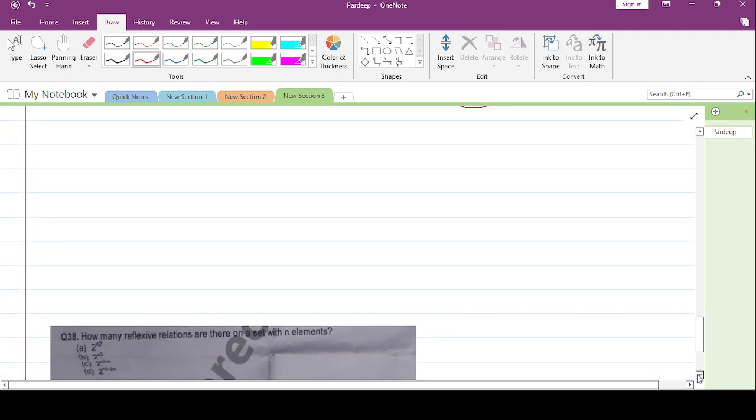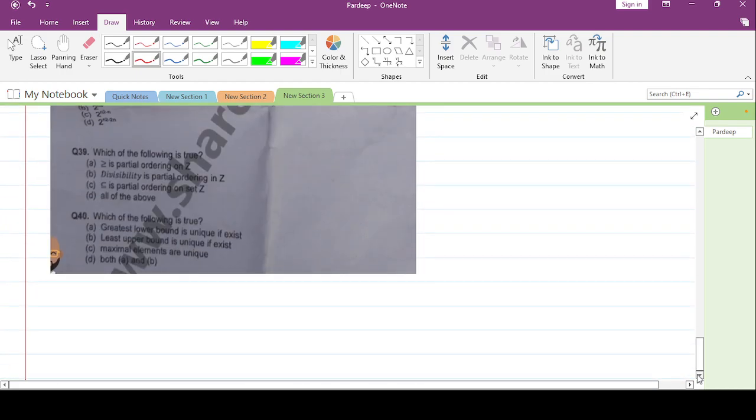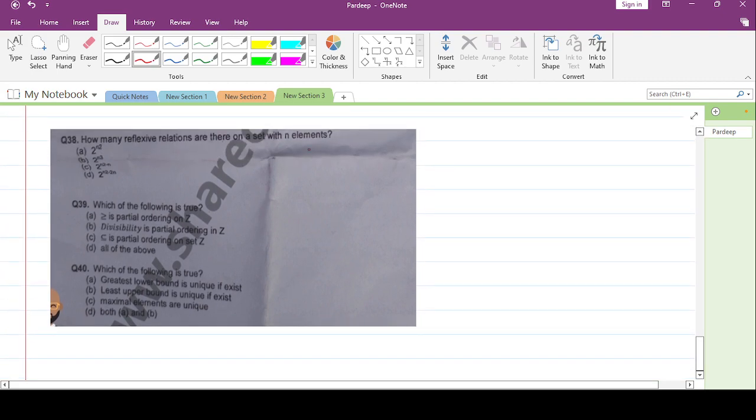Now the next question is how many reflexive relations are there with a set having n elements. The formula for the total number of reflexive relations is 2 raised to the power n square minus n.